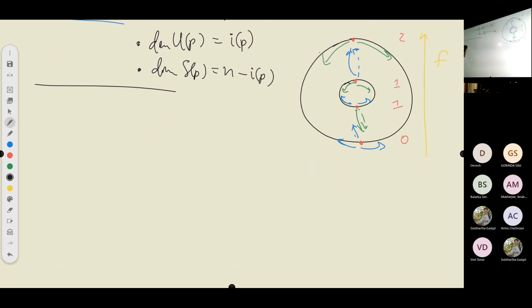This is just a wobbly sphere. So you've just taken a blue sphere and sort of deformed this bit over here to get it into the shape. And again, your function f is still a height function. So here are your critical points, and it's increasing.